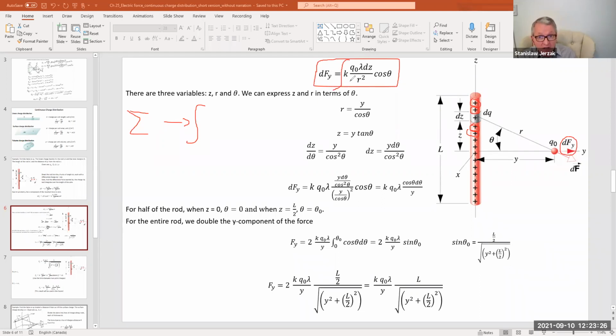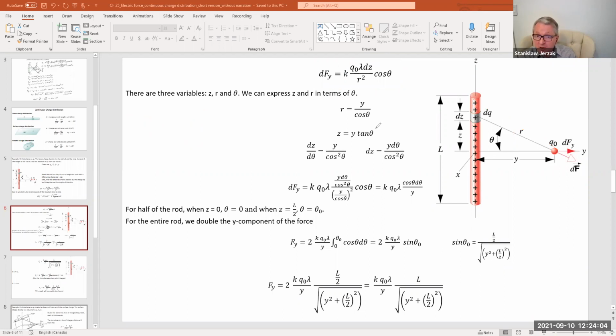The problem is that when I integrate this expression, I have three variables, because as I've mentioned, for a different element, z will be different, distance r will be different, and this angle theta will be different. So there are three variables, z, theta, and r. The best way to continue is to express all three variables in terms of one single variable.